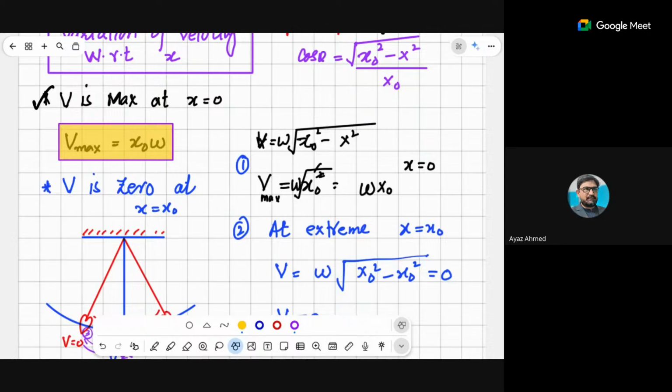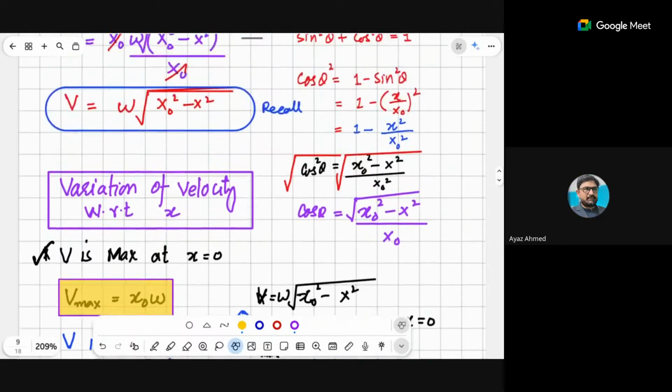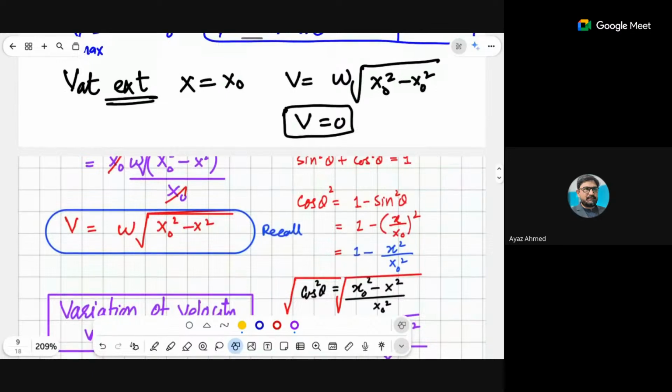Calculation means, because you are not having MCQs, you will be given some sort of data, what will be the velocity at which position. For example, not at mean and extreme.